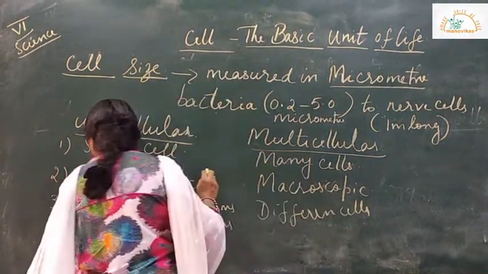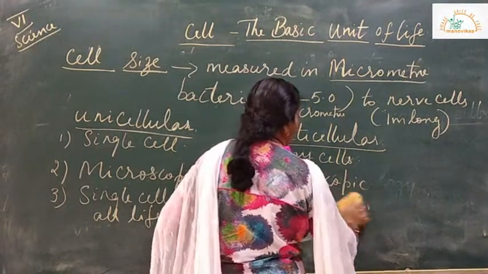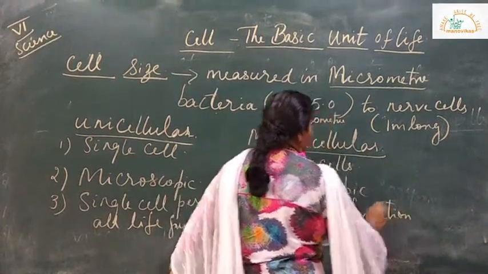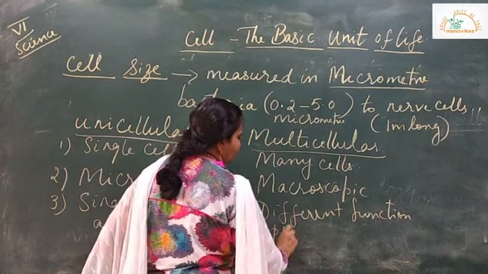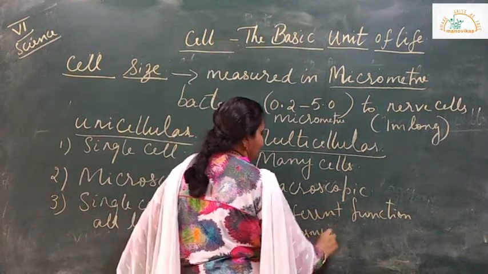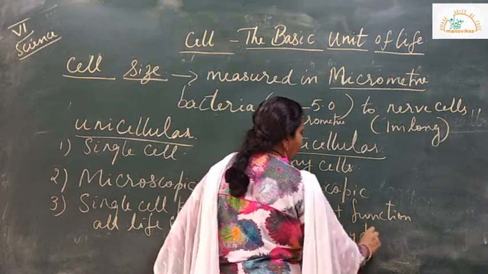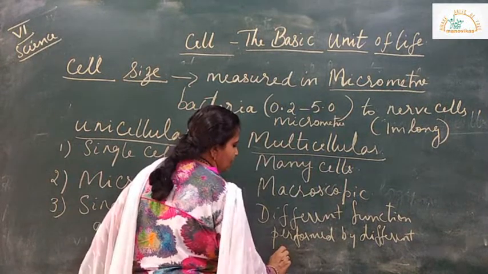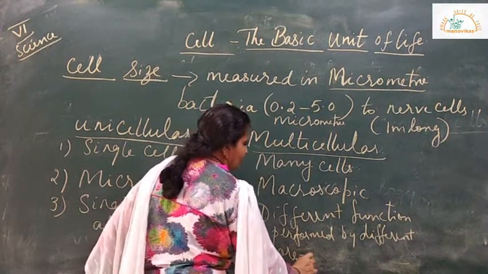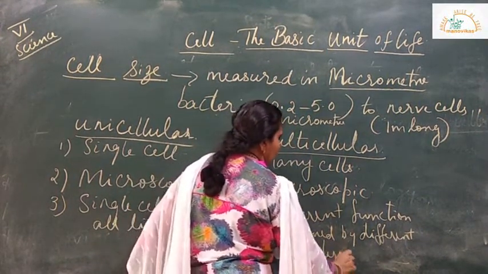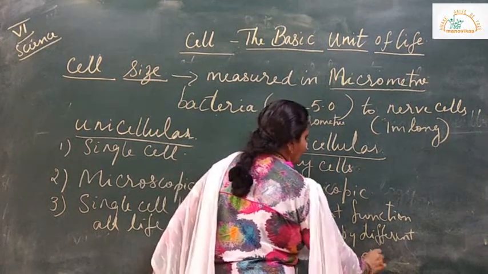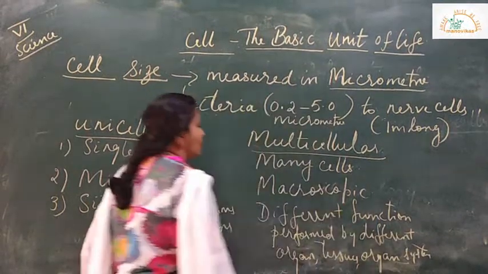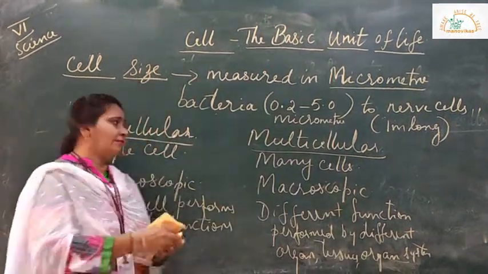Okay, so this is about the multicellular. Different functions are performed by different cells, that is organs, tissues, organ systems, etc. So this is about the third difference.